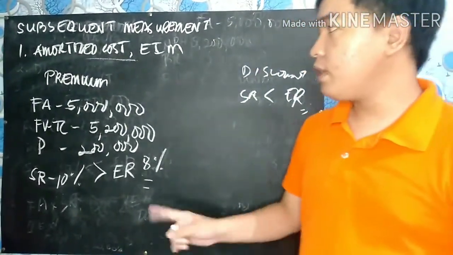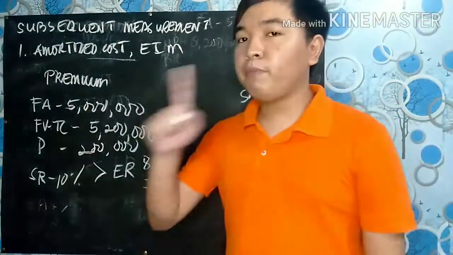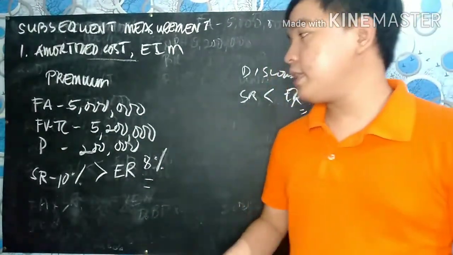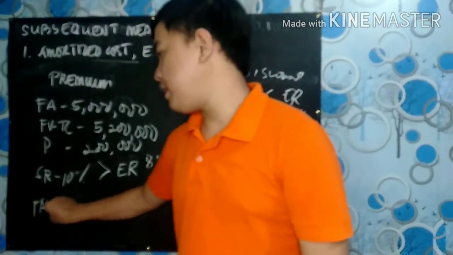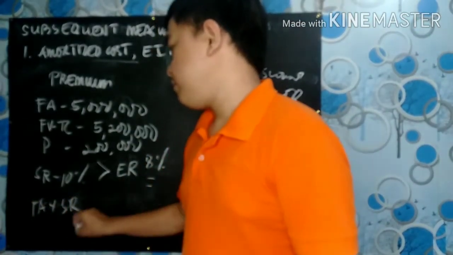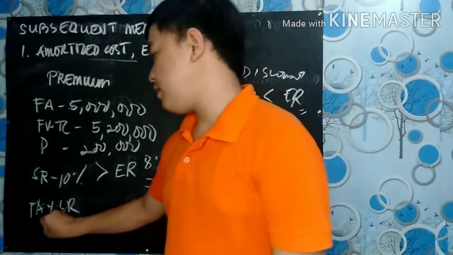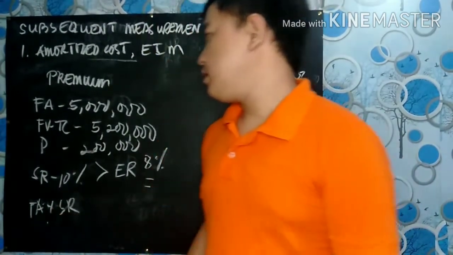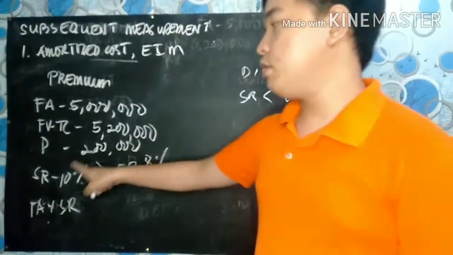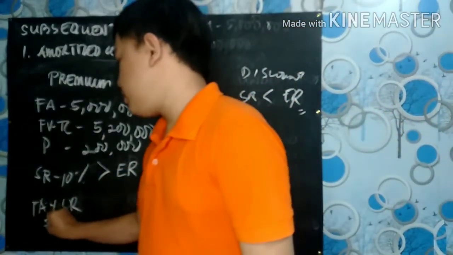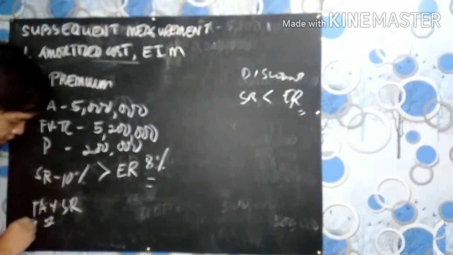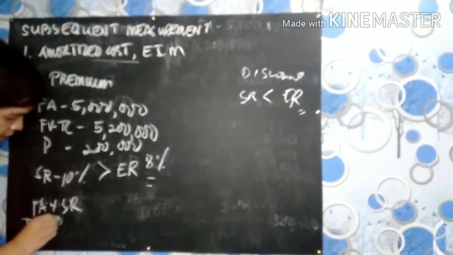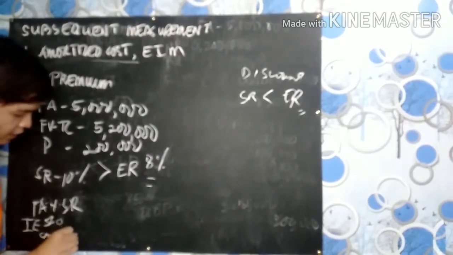So, ayun po. Paano po pag magbabayad po tayo ng interest? Of course, face amount multiplied by stated rate. In this case, 5 million multiplied by 10%, of course. Interest expense, 500,000, cash, 500,000.